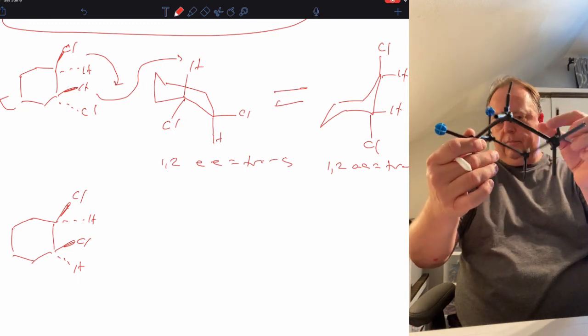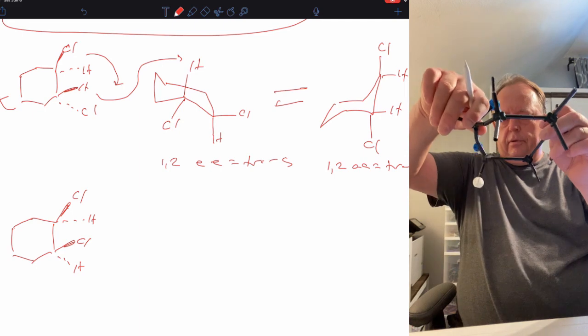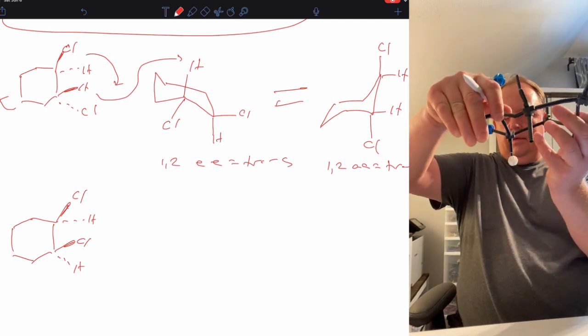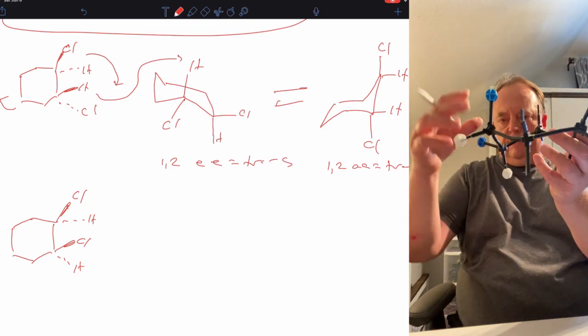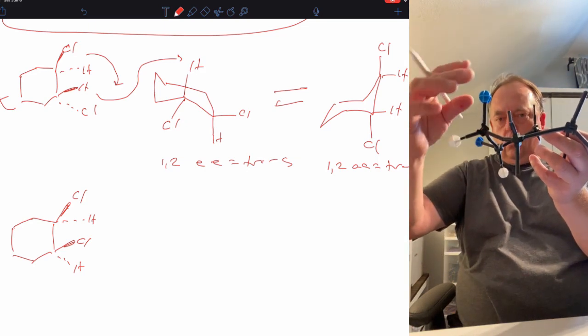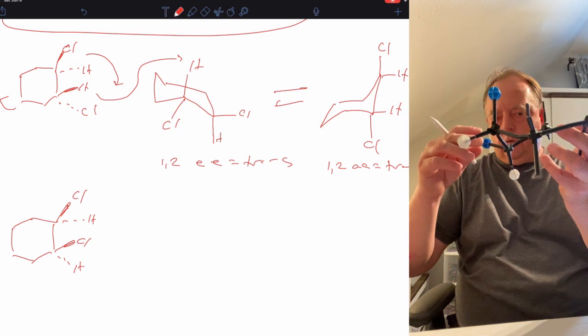And if I do a chair flip, so if I flip that up and then flip this down, then now this one is axial and that one is equatorial. So if it's cis 1,2, then one group is always axial and one group is always equatorial.